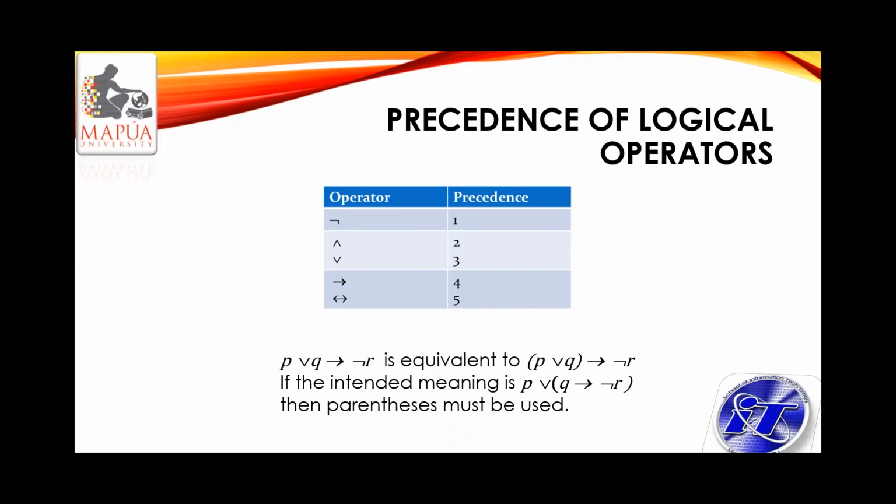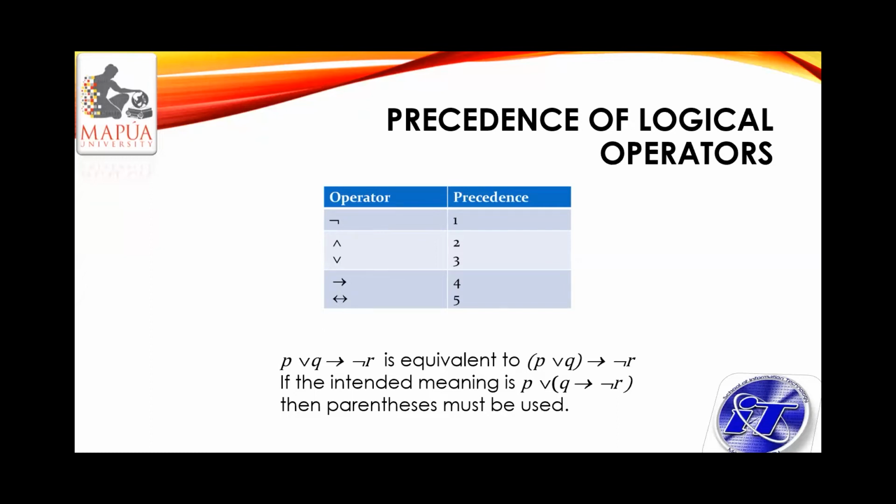For the logical proposition or operators, we have this hierarchy shown in this table. Based on the table, we evaluate first the negation, followed by and, then or, then implication, and then the last will be biconditional.